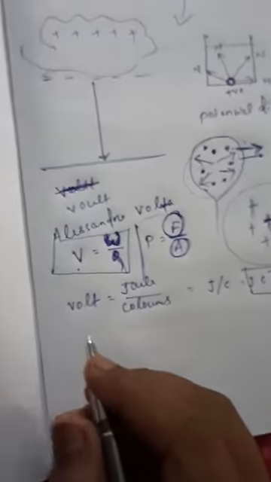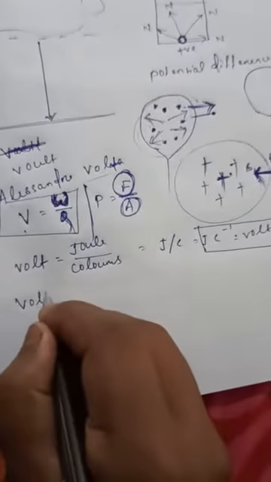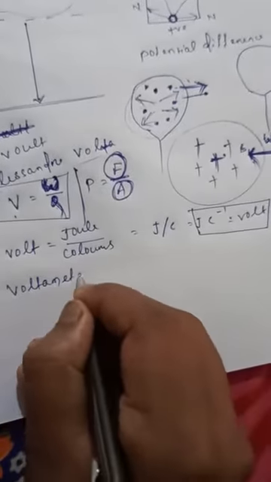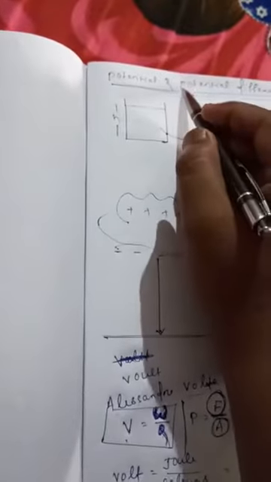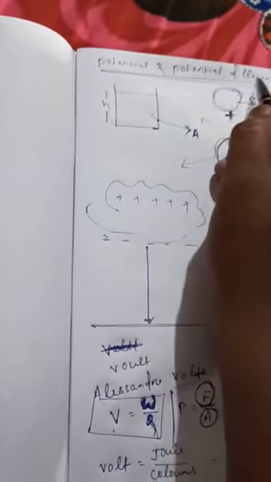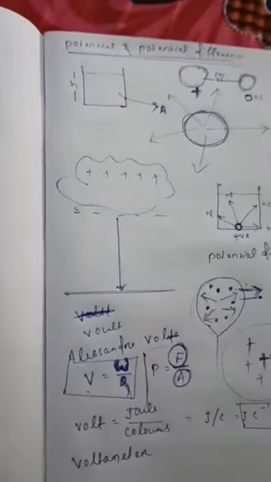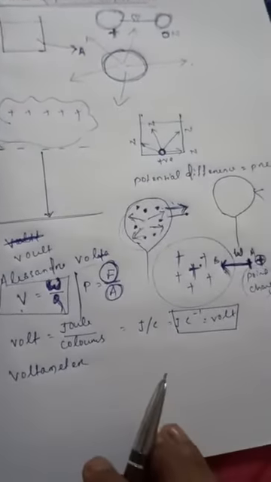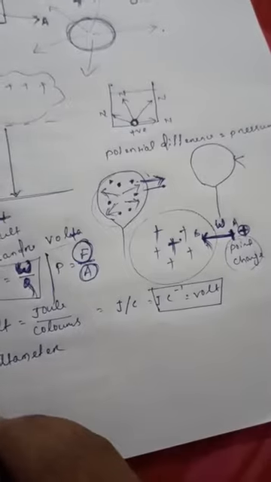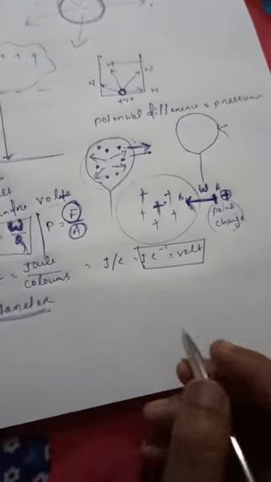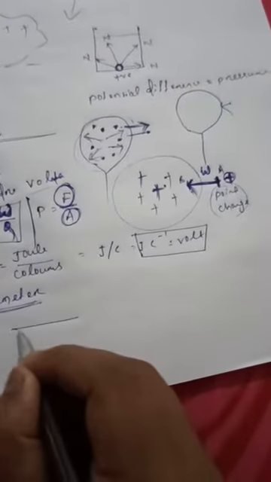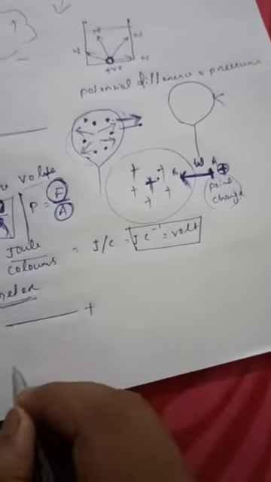There is an electrical instrument, the voltmeter, used to measure this amount of pressure, the potential difference, between the positive end and negative end. The voltmeter is connected in parallel. Suppose this is the positive end and this is the negative end.